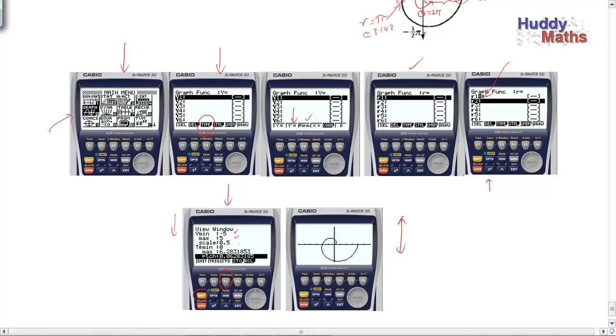And then you're going to specify t theta minimum 0, t theta maximum 2 pi. Okay, so put 2 pi in there, it gives you that decimal equivalent, and then don't worry about the pitch here. It should be less than 0.1 though, so you're getting a nice plotting of points. And there's your graph on the calculator.